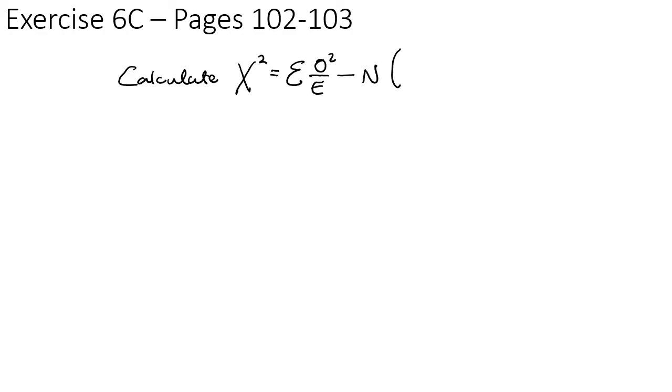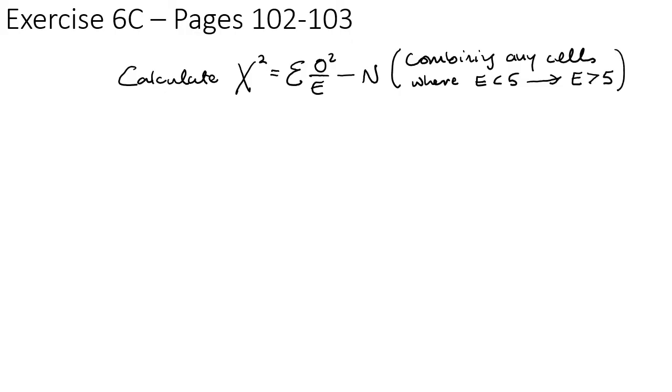But remember about combining any cells where your expected is less than 5, so that you end up with expected frequencies greater than 5. And then you'll use the tables to look up chi-squared.